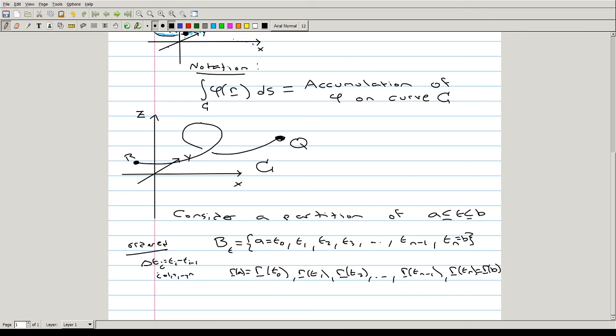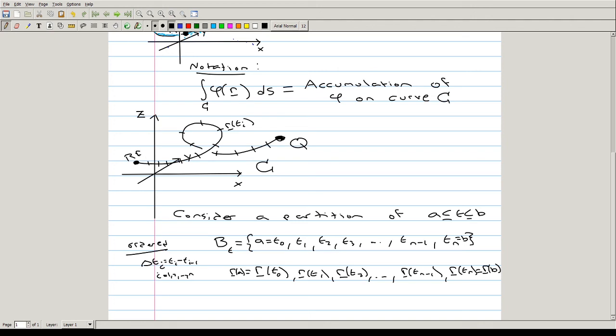So what we're doing when we partition the parameter space is we're cutting this curve up into a whole bunch of pieces, where each one of these pieces right here, say like this piece right here, this is R, the position at t_i for some value t_i in our partition.